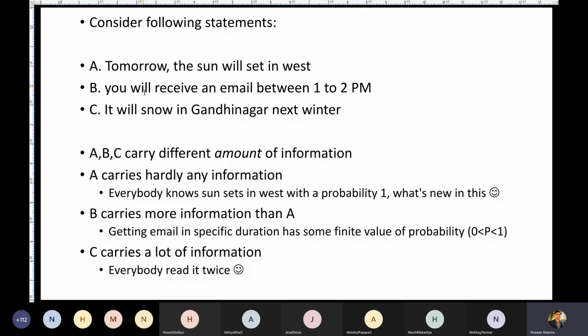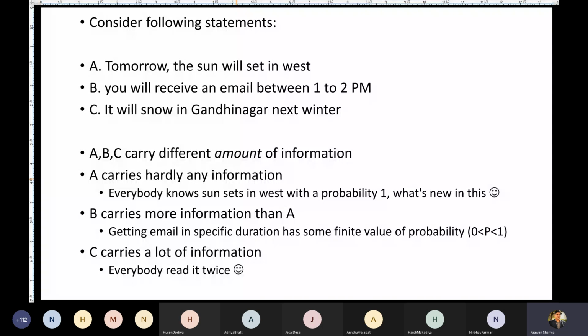A, B, C all carry different amount of information. A carries hardly any information, everybody knows. B carries some, and C carries a lot of information. I definitely believe everybody would have read it twice or thrice. What is written here? Is it a joke?